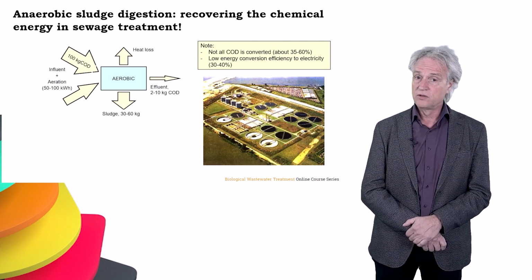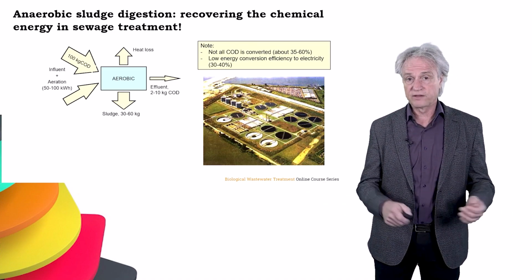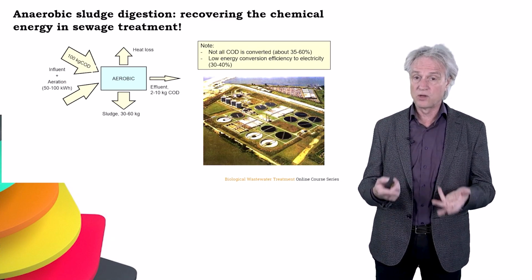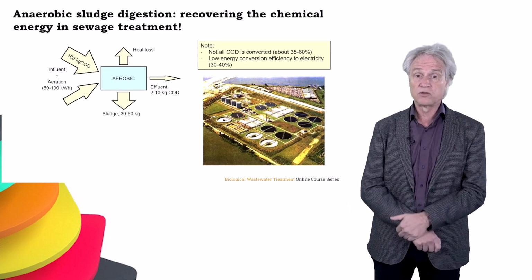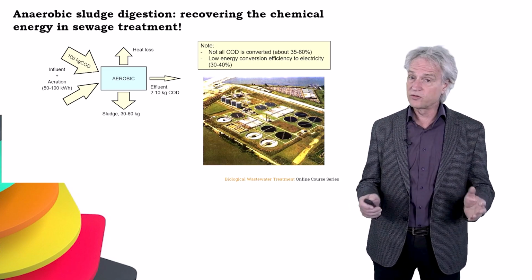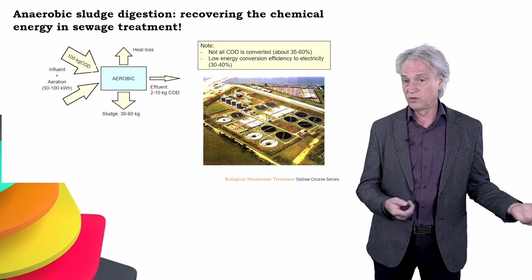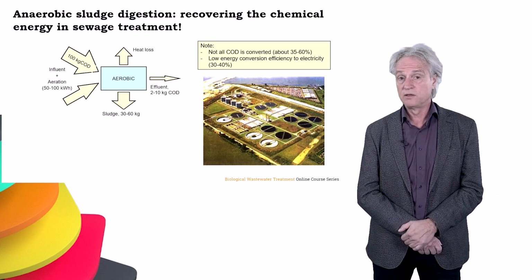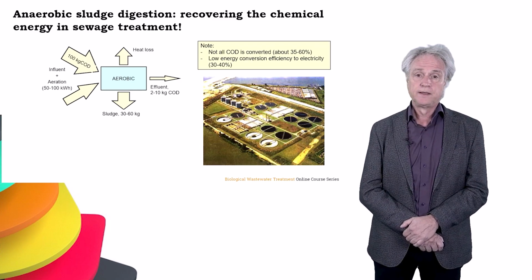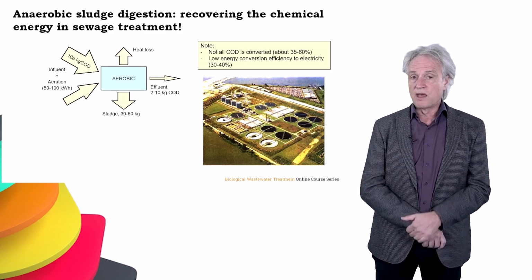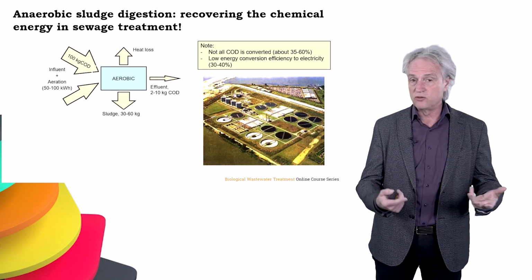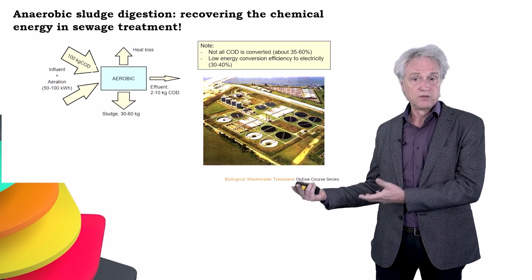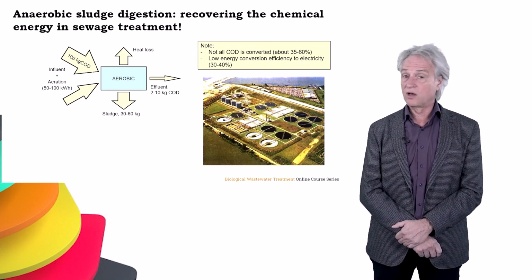In the meantime, sludge is growing. In fact, about 50% of the incoming COD is converted into newly grown aerobic sludge. The process is quite efficient, and in the effluent we have only 2 to 10 kilogram COD, meaning up to 98% process efficiency. There's a lot of energy being released during this conversion, and that energy in part goes to the sludge, and the rest of the energy is lost as heat.